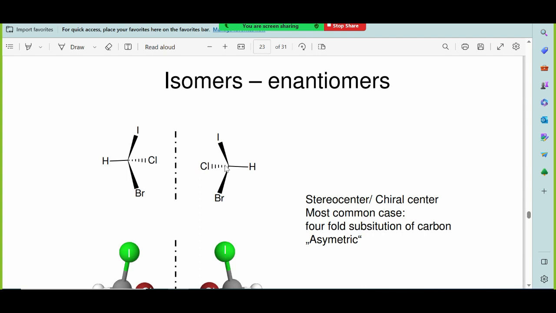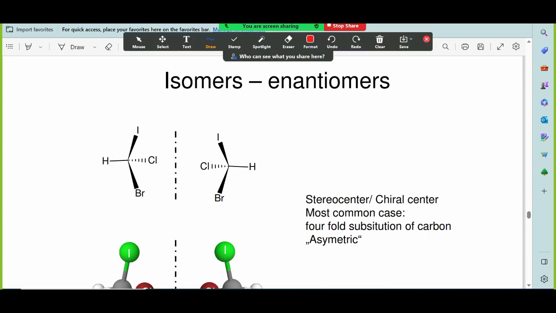But the difference is this chlorine is pointing towards the back. If you rotate the molecule, the chlorine will be pointing towards us. So this molecule has the chlorine pointing towards the back, and the new molecule, if you rotate it, will have the chlorine on the right side, but pointing towards us. So it's not the identical molecule.